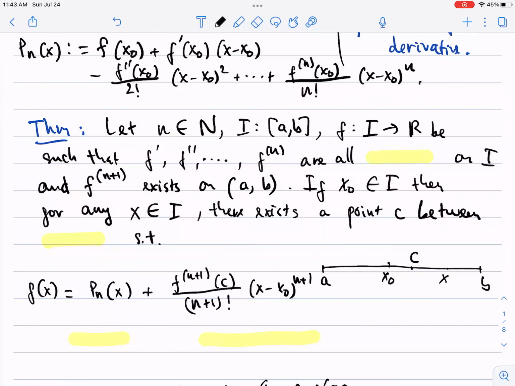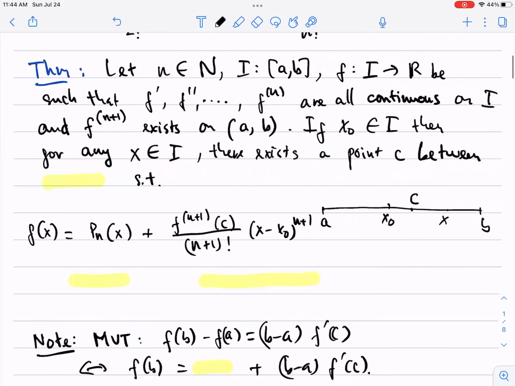So the precise statement is as follows. Let n be a natural integer, I be an interval from a to b, and f be a function from the interval I to the set of all real numbers, such that all derivatives f prime, f double prime, up to the nth derivative of the function f are all continuous on the interval I, and the (n plus 1)th derivative exists on the open interval from a to b.